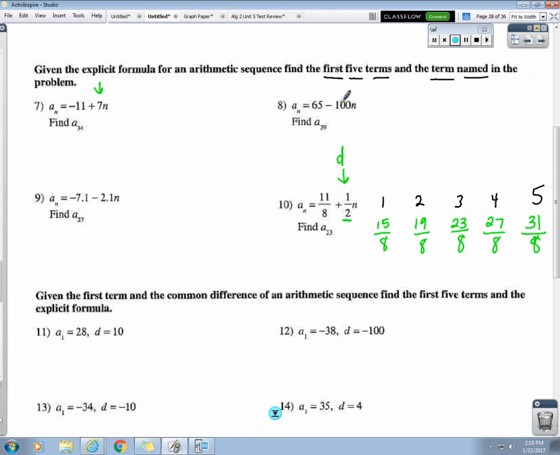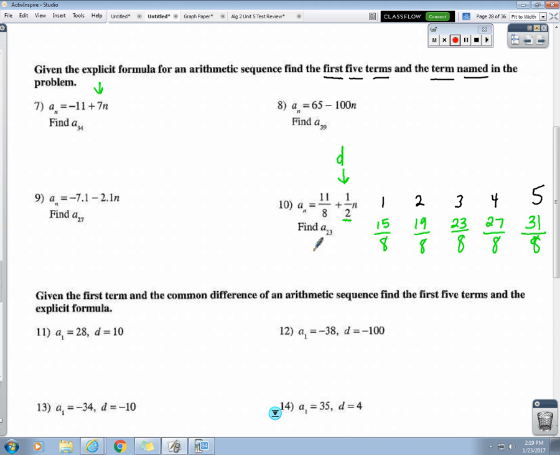Going down by 100. What's going on in question number 9? To get from one number to the next, you are going down by 2.1. So do you see how once you find the first term, to find the second, third, fourth, and fifth, you could just continue subtracting 2.1 from each one? Or you could do what we just did. Plug in 1, plug in 2, plug in 3, plug in 4, plug in 5. However you think is easiest.